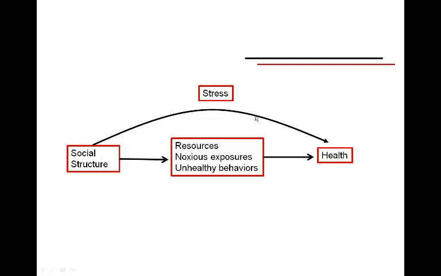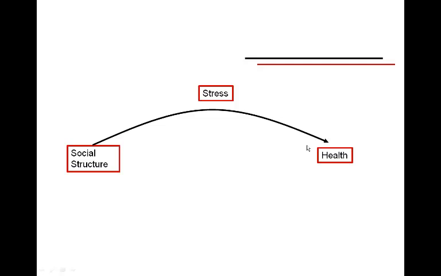And this specific pathway also gets more complex, as we discussed last time. So another caveat on the idea that this is a direct pathway between social structure and health needs to recognize that there are also other factors on the pathway between stress and health, like engagement in health behaviors.